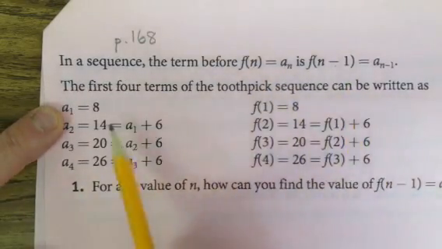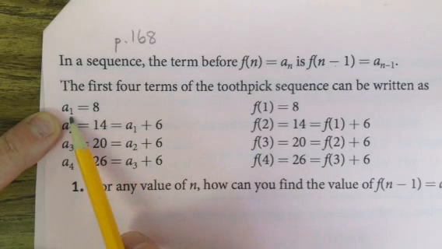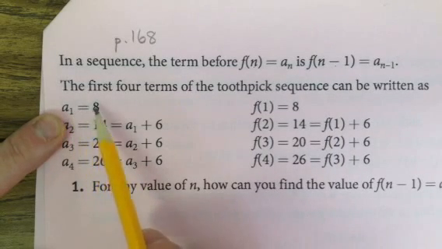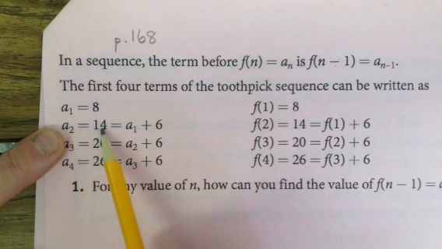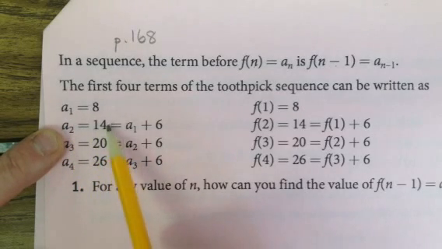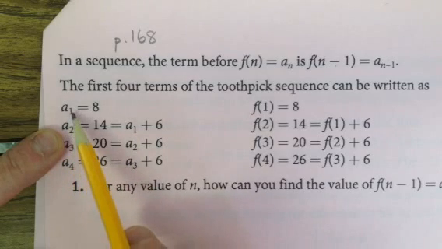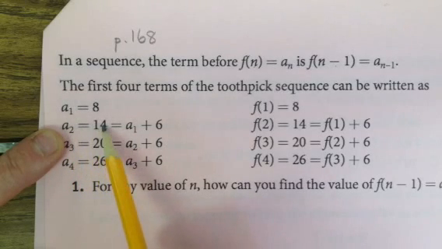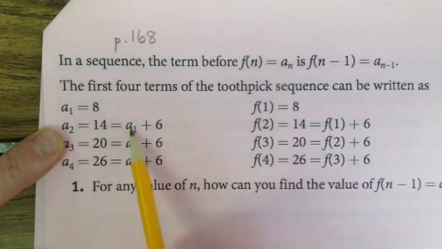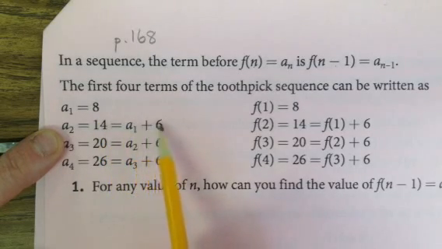In our toothpick problem, the first picture way back when had 8 toothpicks. The second picture had 14, but I want you to look at it in terms of the stage before it. 14 is all of the toothpicks from the first stage, which happened to be 8, and then the common difference of 6.